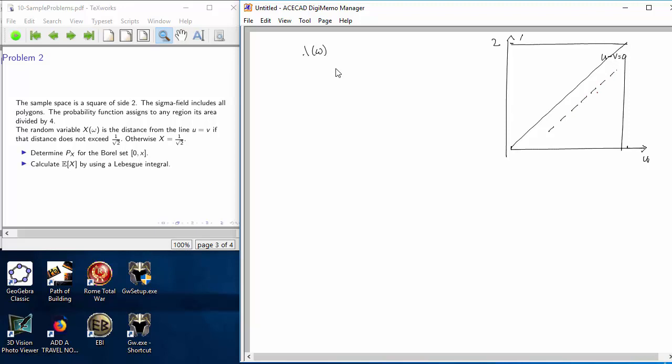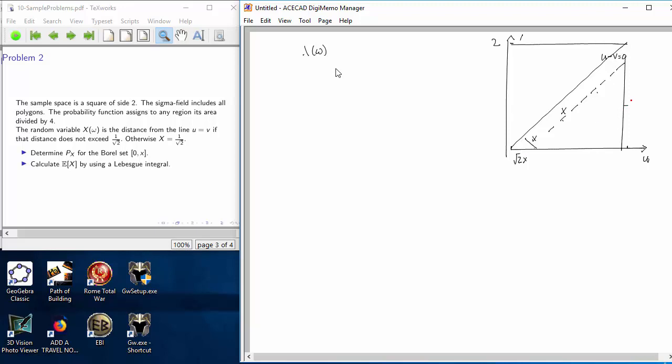So, for example, on that dotted line, the value of the random variable is that distance x, and if you look down here, you see there is x, and there is the hypotenuse of a little right triangle, the square root of 2 times x. But there's an extra rule.